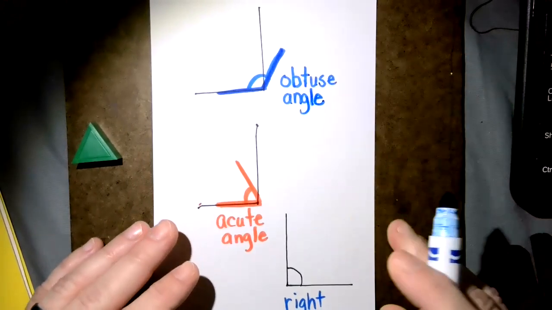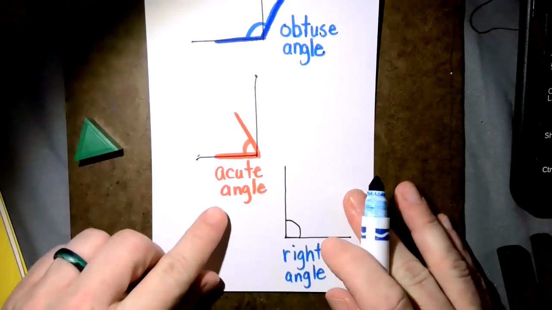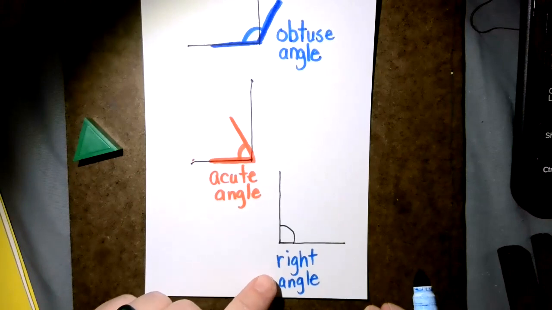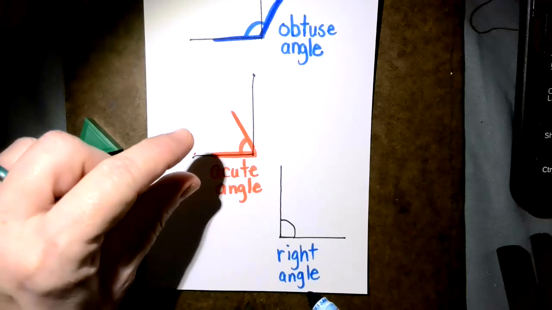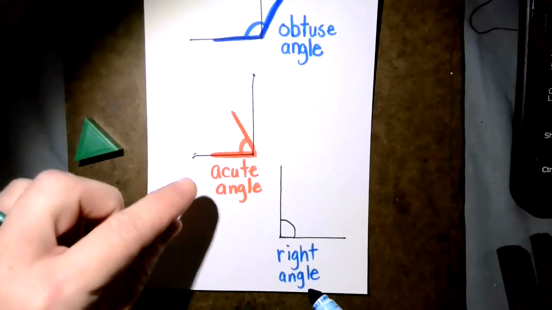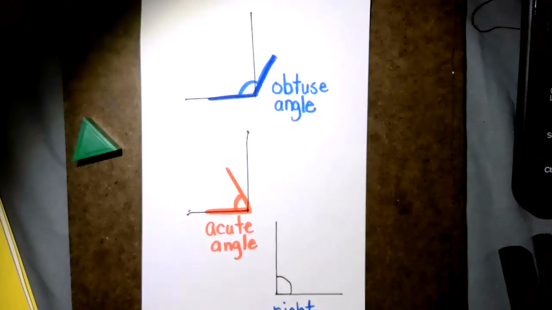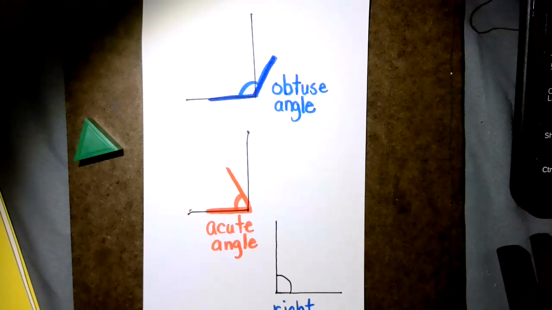We have to know this for the test. We have to know what an obtuse angle is, an acute angle, and a right angle. Right angle, with your regular voice, because it's like the corner of a piece of paper. An acute angle is a little acute angle that's smaller than the corner of a piece of paper. And an obtuse angle, say it in a deep voice, obtuse angle goes wider than that corner of a piece of paper.